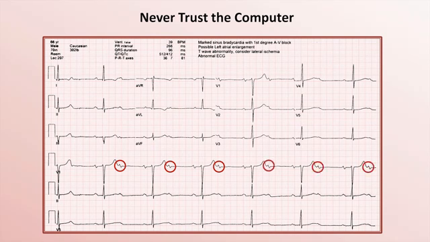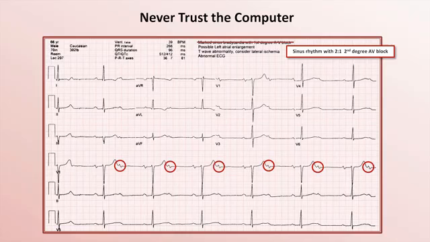She immediately concluded the computer's diagnosis was wrong, and in fact the patient actually had sinus rhythm with 2:1 second-degree AV block. While this is not necessarily an emergency, provided that the patient is asymptomatic, mentating normally, and has a normal blood pressure, it is a reason to cancel an elective surgery and investigate the heart further first.